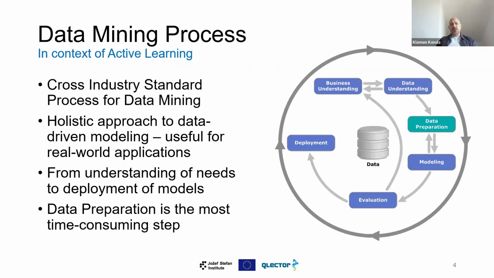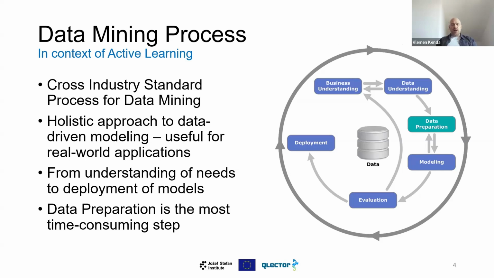So generally speaking, the more data that we have, the more useful data that we have, the better model we can build. But it's not always necessary to use all the data that we have available, especially if acquiring this data or acquiring labels of this data is expensive. But we can be more smart about it and only use the data that really brings us value.